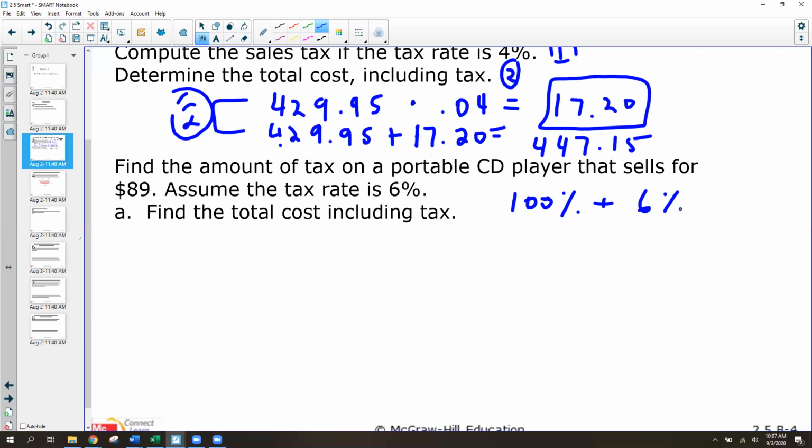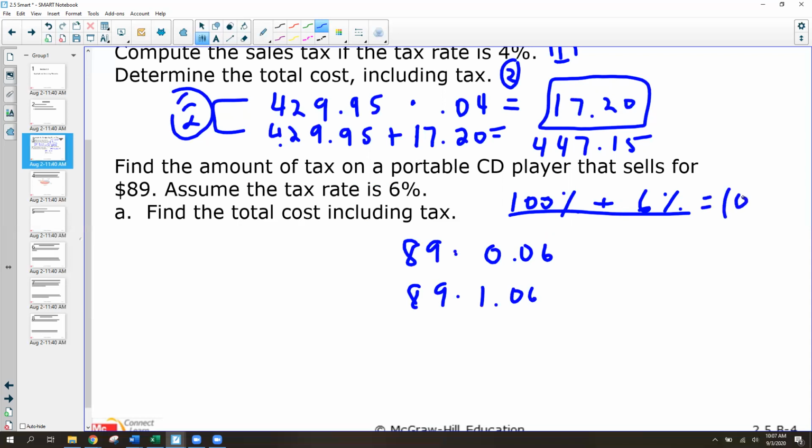So actually, instead of multiplying $89 times just the 6%, which would be 0.06, what I can do is multiply it by 1.06, 106%. And that's going to get me the total. So this is just sales tax. This is going to be the total plus sales tax.